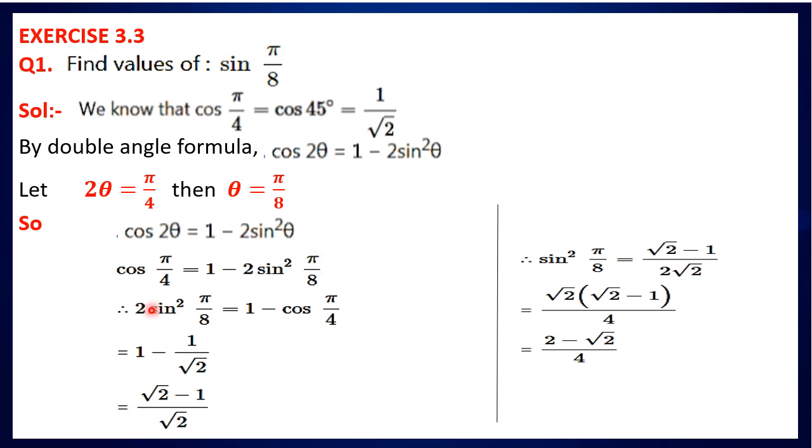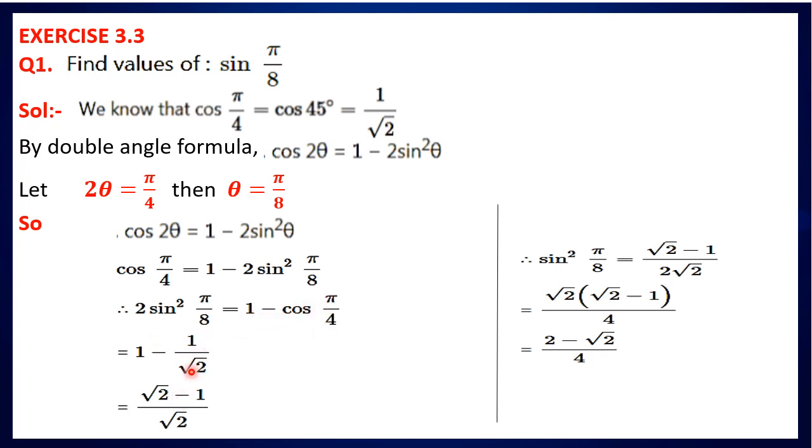So cos pi upon 4 is equal to 1 minus 2 sin square pi upon 8. Take this minus 2 sin square pi upon 8 to the LHS, and cos pi upon 4 to the RHS. Then it is 2 sin square pi upon 8 is equal to 1 minus cos pi upon 4. And 1 minus cos pi upon 4 is 1 minus 1 upon root 2.